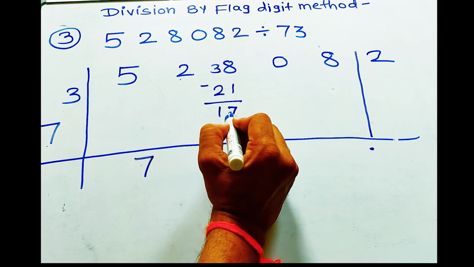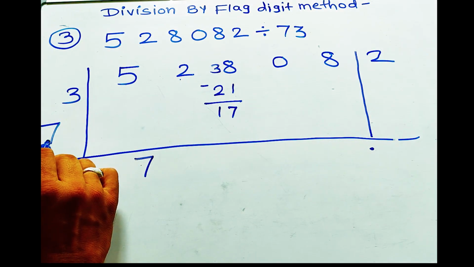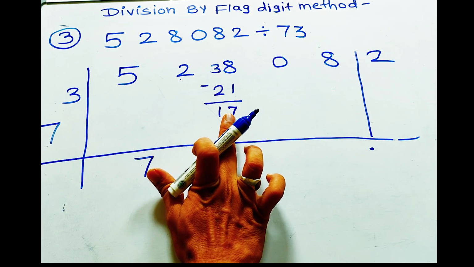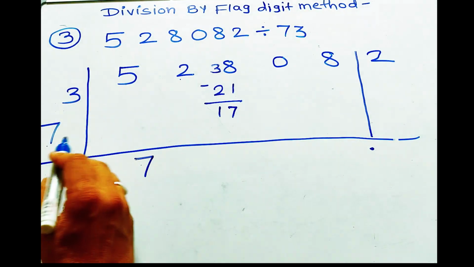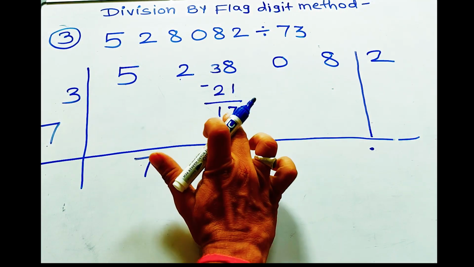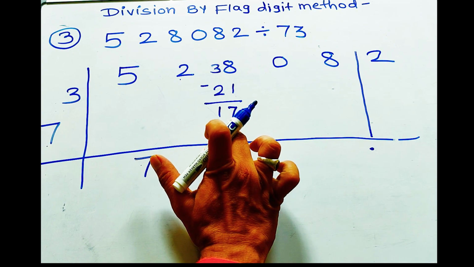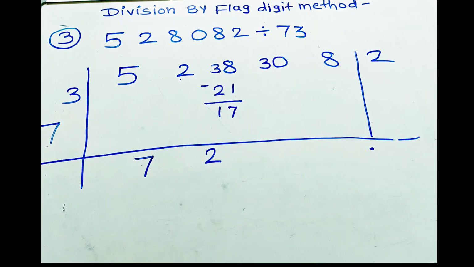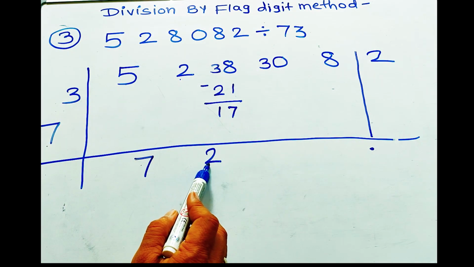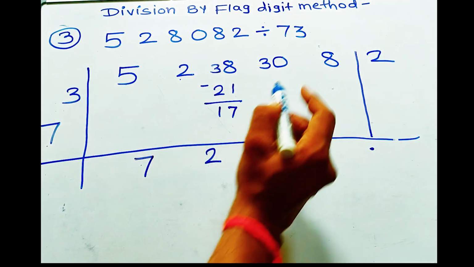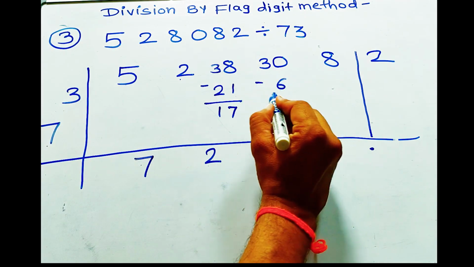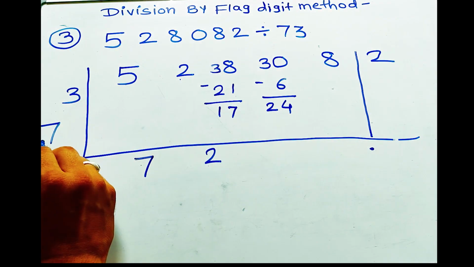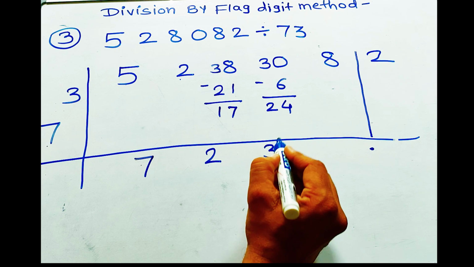Again 17 is divided by 7, so 7 2s are 14 and 7 3s are 21. 21 is greater than 17, so 7 2s are 14. 17 minus 14 means 3. We write 3 here, so 3 0, 30. Again multiply 2 with 3, 2 3s are 6, so 30 minus 6 is 24. 24 divided by 7, 7 3s are 21.